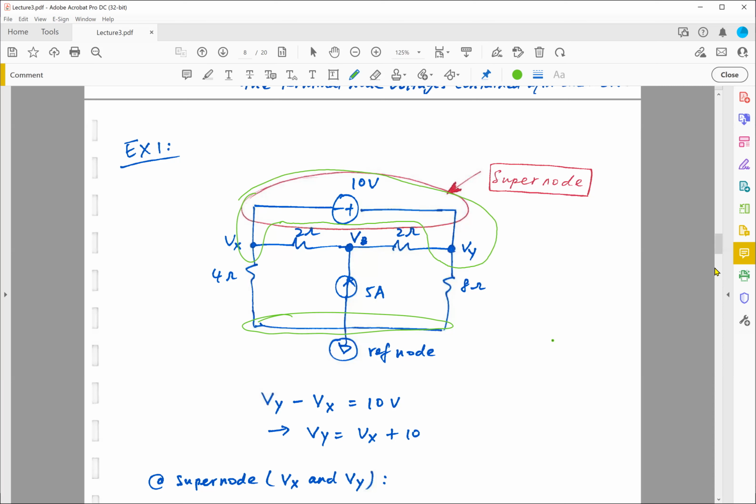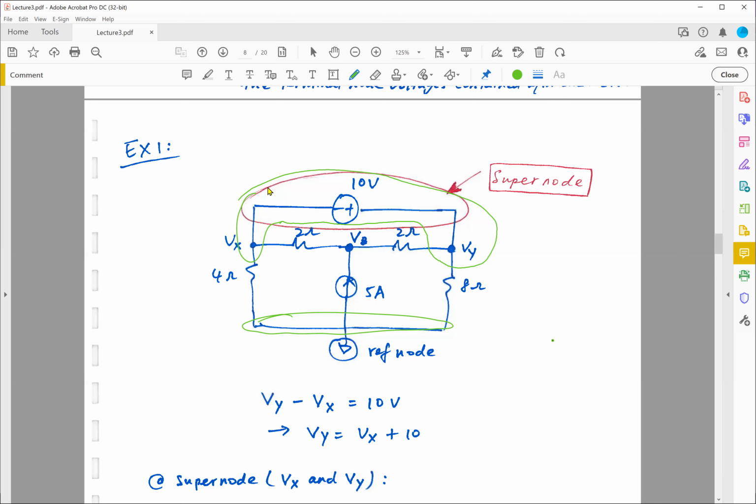Next, we need to write an equation to relate Vx and Vy, so we are just going to do what we just did. By inspection, I have minus here, plus here. The plus is connected to Vy, the minus is connected to Vx, higher potential, lower potential.